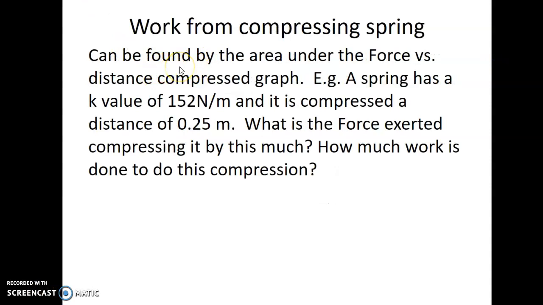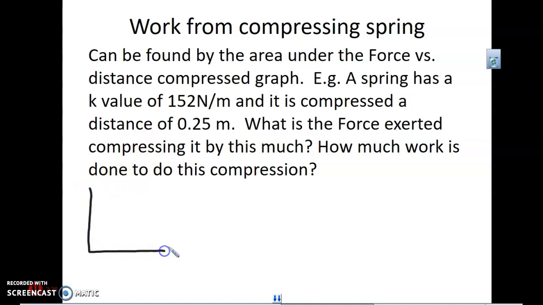The second thing we're going to talk about, though, and we'll come back to that restoring force and the simple harmonic motion, is that we can find this force a couple of different ways. We obviously have a way to calculate it. But if I graph force versus the distance displaced, I will get a line, and the slope of that line is our K value.